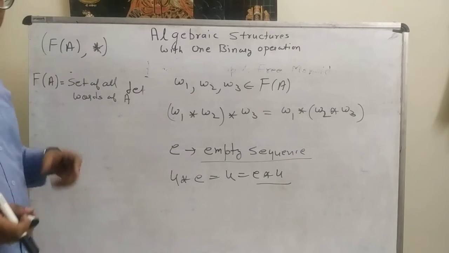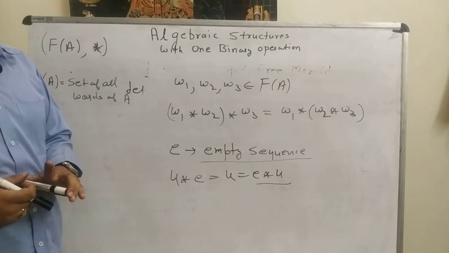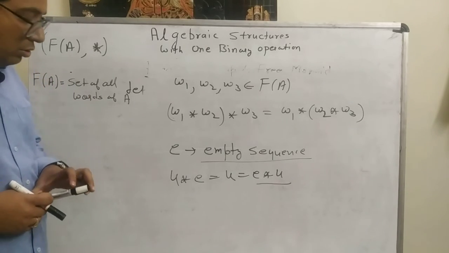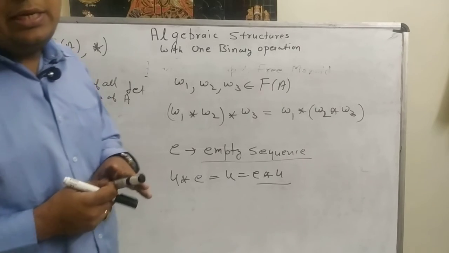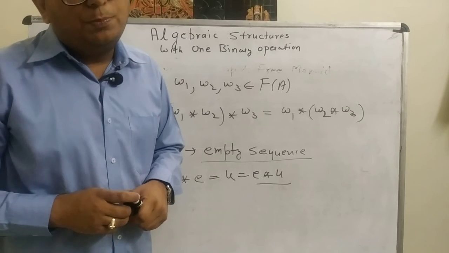So it means this is a monoid, and this monoid is named the free monoid. So that's all for today's lecture. In the next lecture we will discuss groups. Thank you.